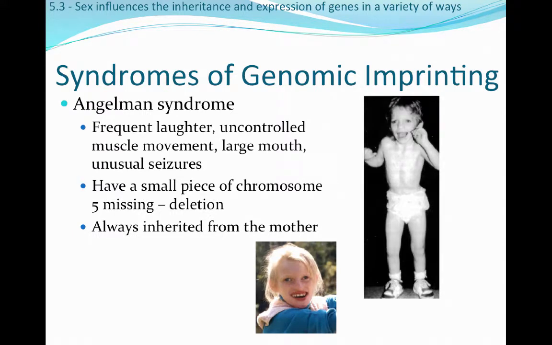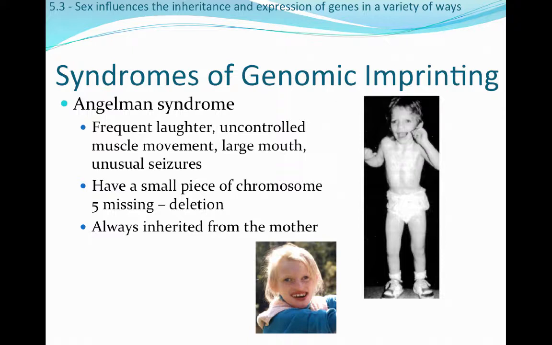A second syndrome is Angelman syndrome, and this one we see usually in girls, but it's seen in boys too. And Angelman syndrome is where the individual has frequent laughter that can't be controlled. So they have infrequent and uncontrolled muscle movement.